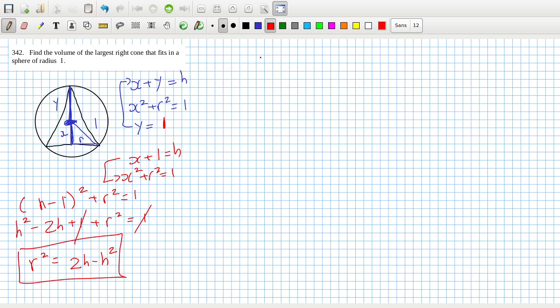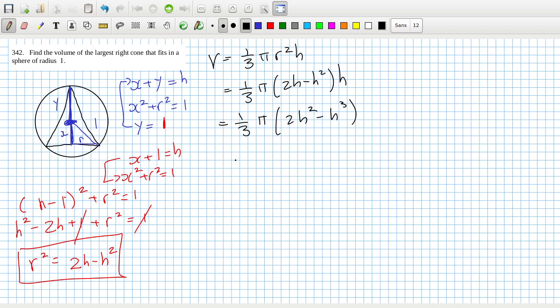Now that might be useful. So the volume is 1/3 pi r squared h. So that'd be 1/3 pi (2h minus h squared) h. So that's 1/3 pi (2h squared minus h cubed). So that is 2/3 pi h squared minus 1/3 pi h cubed.